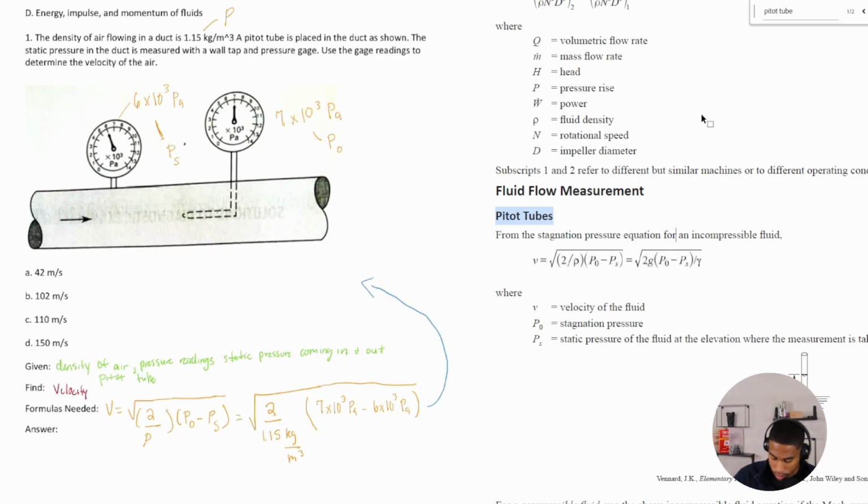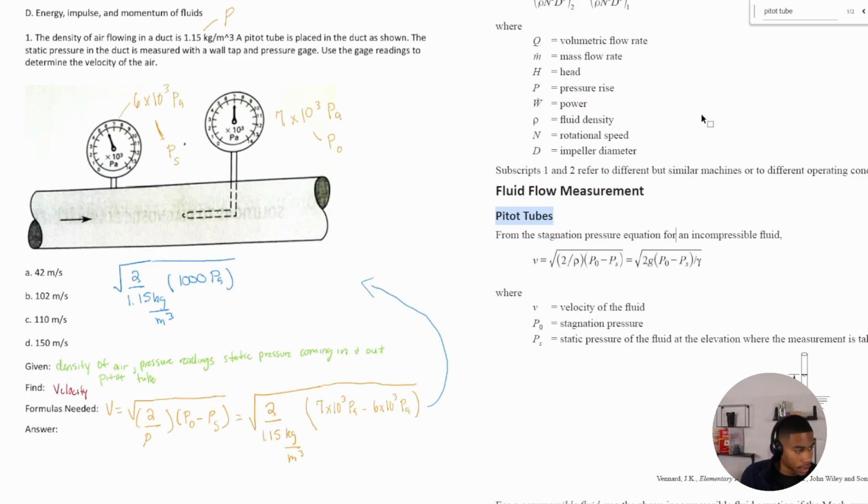So I get the square root of 2 over 1.15 kg per m cubed times 1,000 pascals.